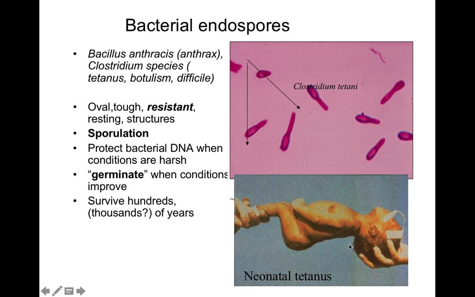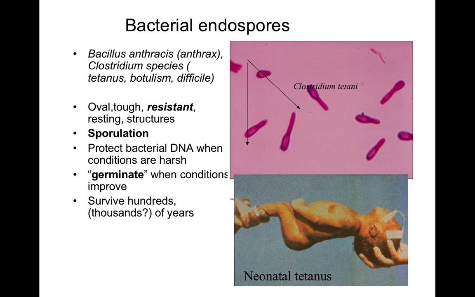Now, I think this baby was obviously at a hospital with respiratory support, and so we're keeping our fingers crossed that that baby survived. Of note is if mom was current on her tetanus vaccinations, if she'd gotten her booster every 10 years, mom would have passed protective maternal antibodies across the placenta to the baby.